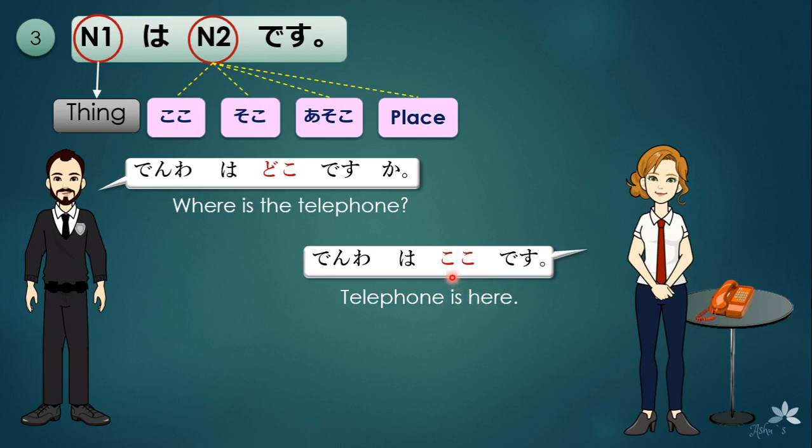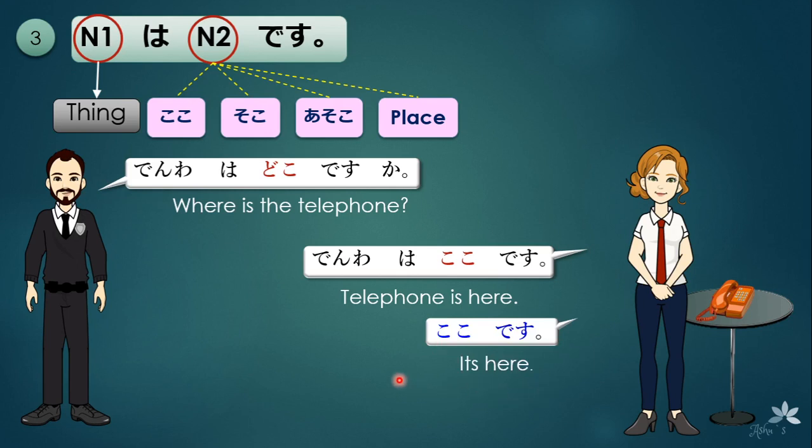Now, here we have used koko in place of N2. Depending upon the situation, you will be using koko, soko or asoko. Again, it can be replied as just koko desu. It's here.